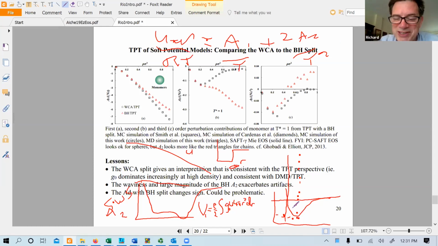Okay, so what's happening with the Barker-Henderson split, you still have this very steep rise in the potential function, right? And although it's on the other side of the potential function, it's still a very steep rise, analogous to the square well rise that's giving rise to this square well shoulder, okay?